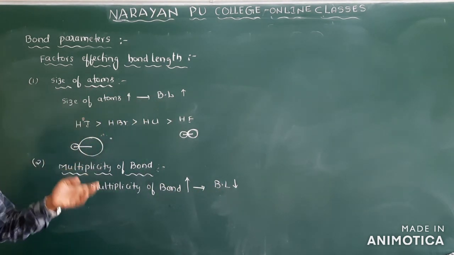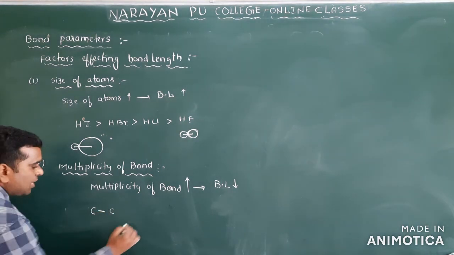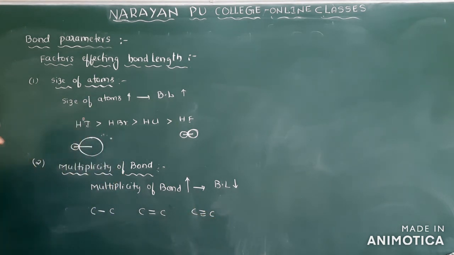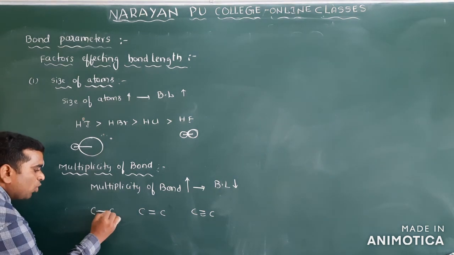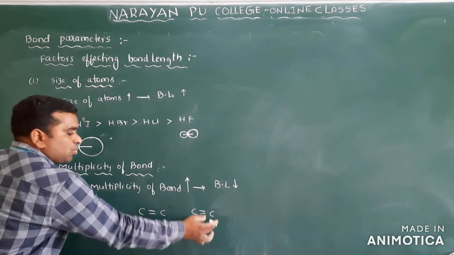A simple example: take a C-C single bond, C=C double bond, C≡C triple bond. You know that when only a single bond is there, the bond length will be longer compared to the double bond.